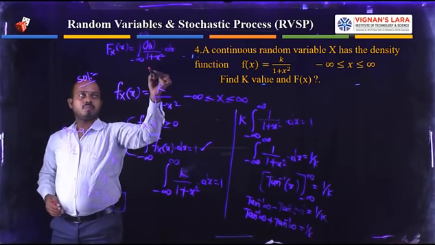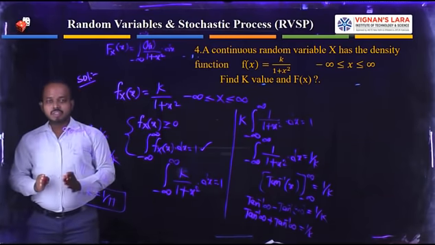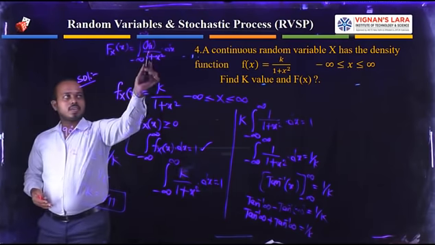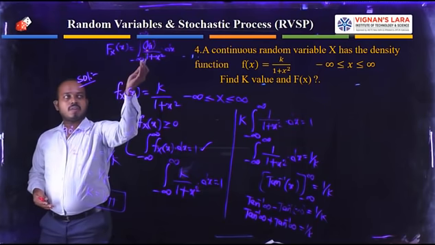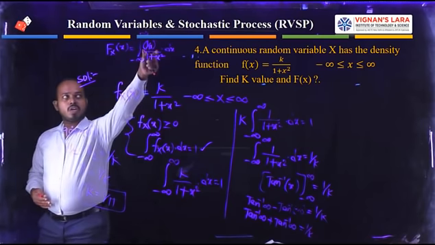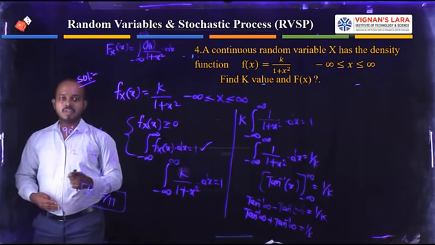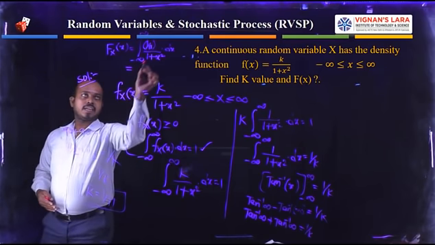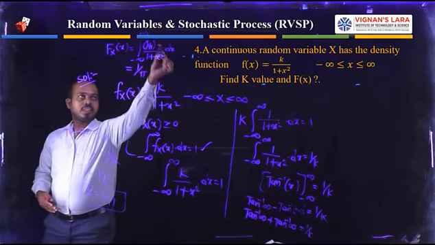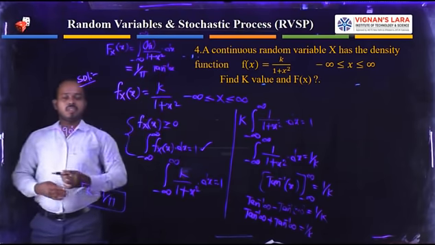Here just you can see what the integration term is. We can replace the integration term with its equivalent value. Except for this 1 by pi, I am considering the terms available in this integration. The integration of 1 divided by 1 plus x square is tan inverse of x. Now 1 by pi is a constant, and the remaining term I am replacing with its equivalent value, tan inverse x.